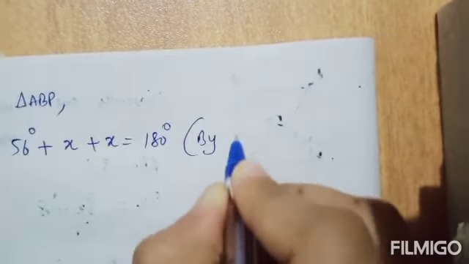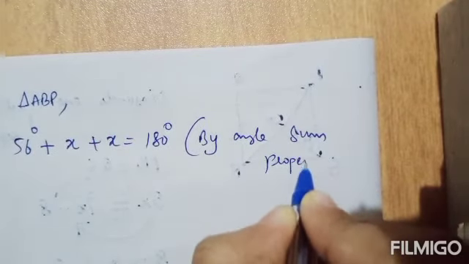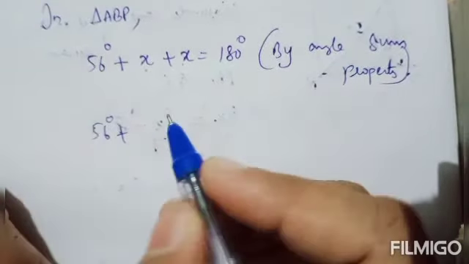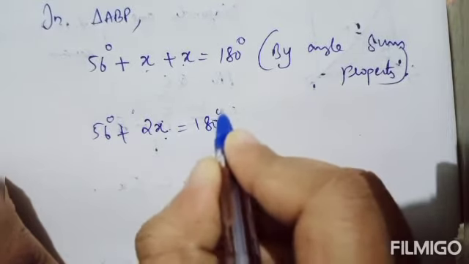Now 56 degree plus x plus x, it is 56 plus 2x equal to 180 degree.